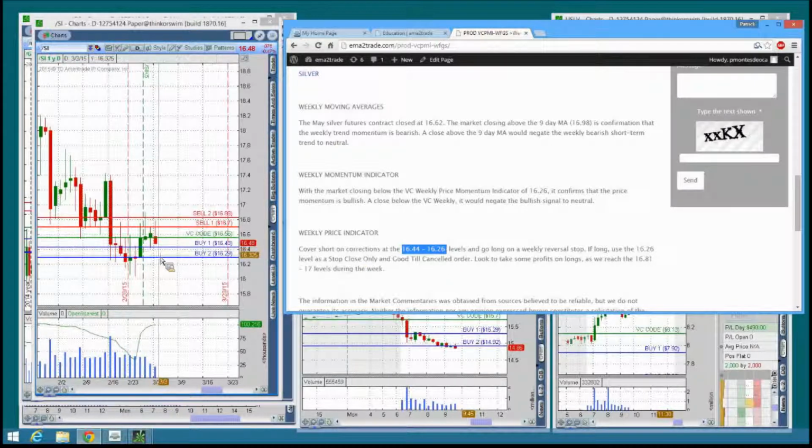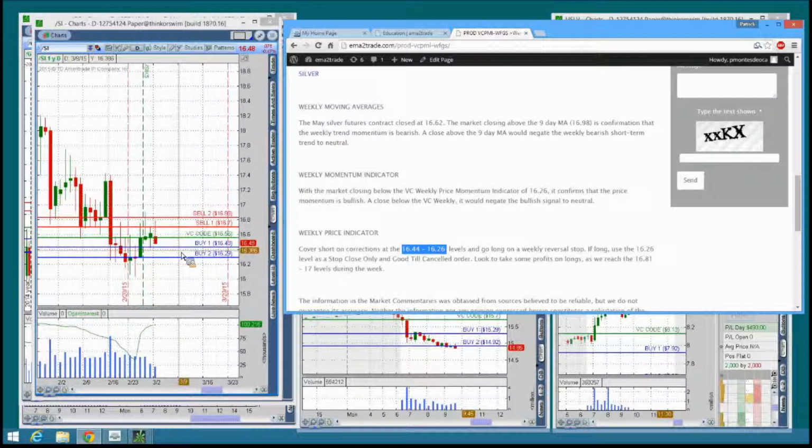So I would say to you that this area right now has been identified as a high probability trade, and if it does come down into these levels, it is suggested for you to cover any short strategies that you may have and add to your long positions.